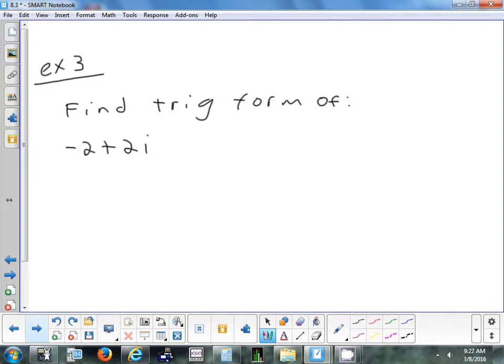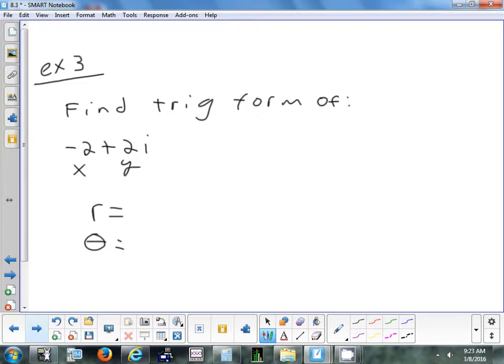All right, so let's find the trig form of negative 2 plus 2i. What letter is this negative 2? It represents x, and the positive 2? y. So they're starting us off with an x and y. What 2 letters do I need to find to put this in trig form? I need r, and I need theta.